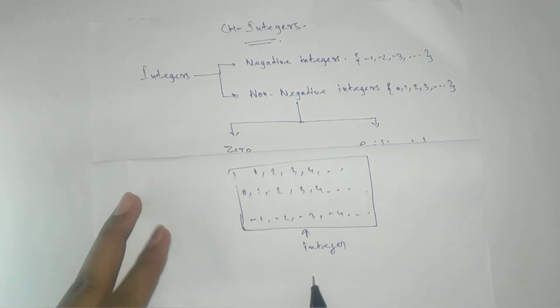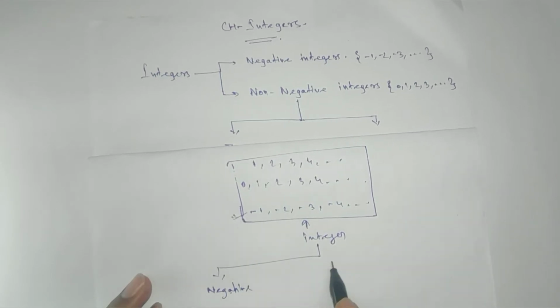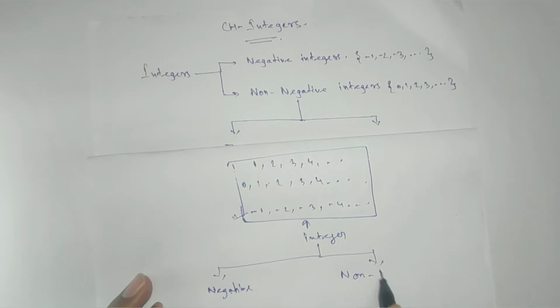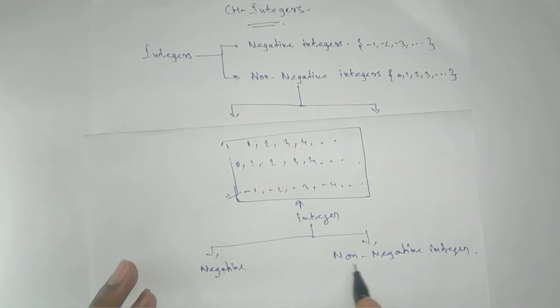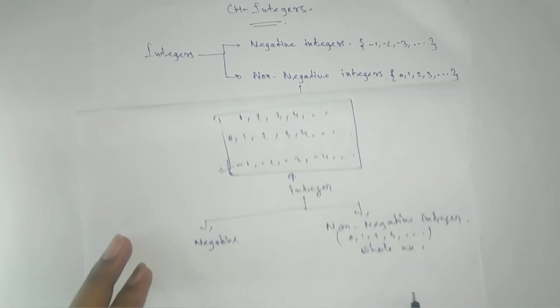So here integers divide into two parts. One is negative integers. Okay, these are your negative integers. Another is non-negative integers. Why not positive integers? Because non-negative integers start with 0, 1, 2, 3 and so on. That means it is the whole numbers, and this set breaks into two parts.